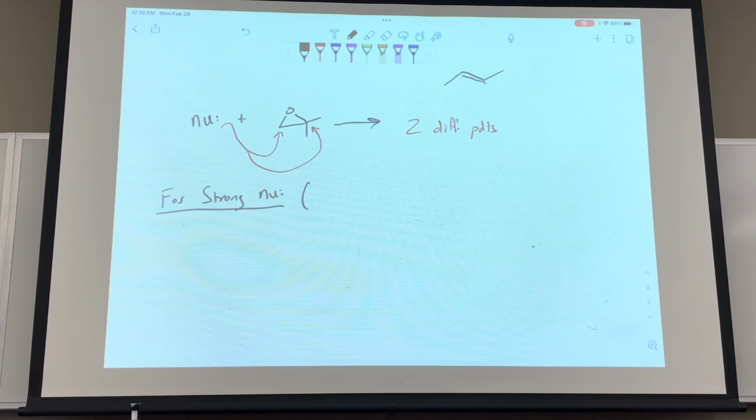So things like Grignards, alkyllithiums, alkoxides, hydroxides, those are the most common ones. For these, sterics rules, meaning the nucleophile is going to attack the least hindered side.